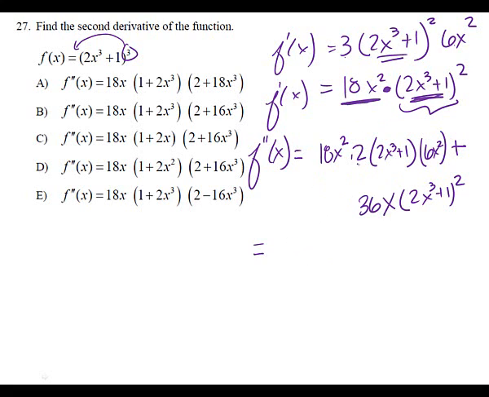I'm just going to multiply 2 times 6, which is 12. x squared times x squared is x to the 4th. I'll show you why I did that in a minute. And then we've got this (2x cubed plus 1) plus 36x times (2x cubed plus 1) squared.